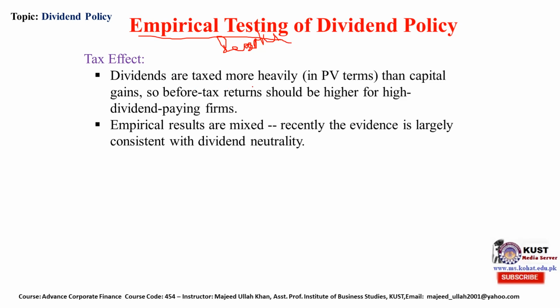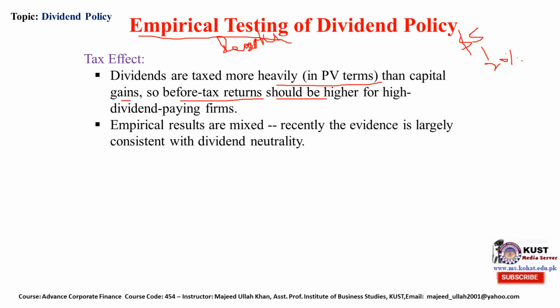Dividends are taxed more heavily in present value terms than the capital gain tax. So before-tax return should be higher for higher dividend paying firms. Let's suppose you postpone your $5 of earnings until the end of the year, you will pay, let's suppose, 20% tax on it.